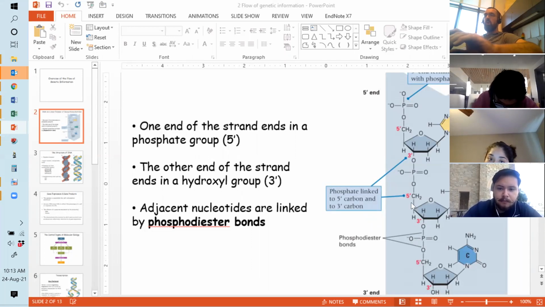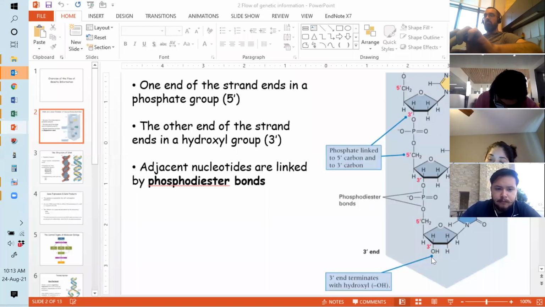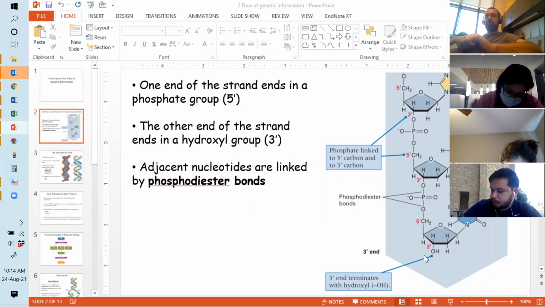These bonds are created by the condensation dehydration reaction between an incoming nucleotide and this hydroxyl group, which generates water. So you have to have that hydroxyl group there for another DNA nucleotide to be added to it. When that water is removed by DNA polymerase, you end up with your phosphodiester bond.